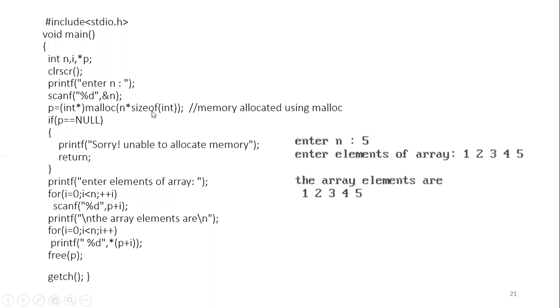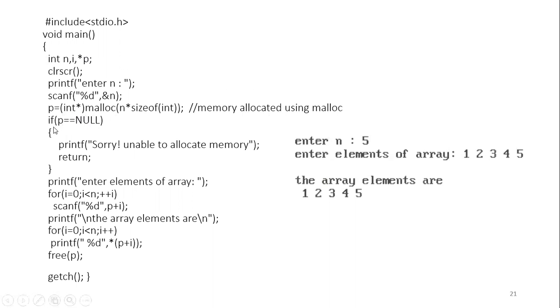Now, since the malloc function returns a generic pointer, void star, and I want to work with integer values because the pointer is of type integer, I need to typecast with int star. Now p contains the starting address of the allocated memory in the heap.